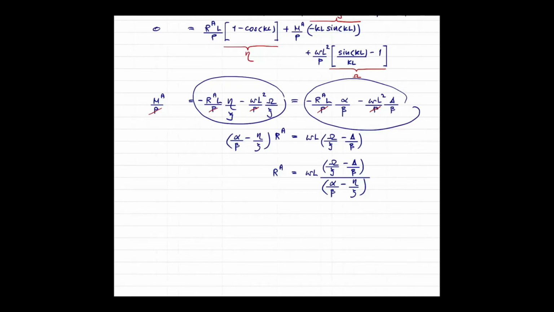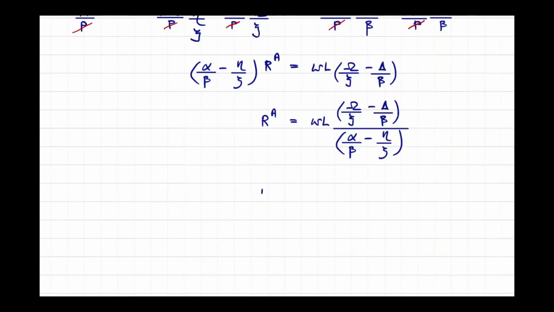So basically, if you stuff the RA back into this expression in the circles, your MA will be WL squared, right?